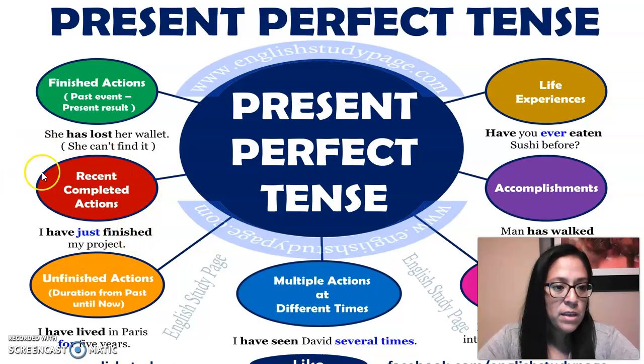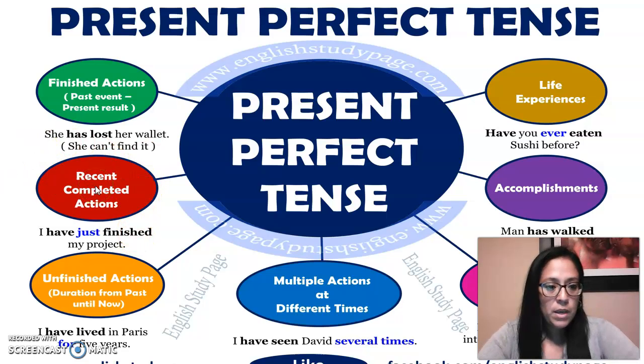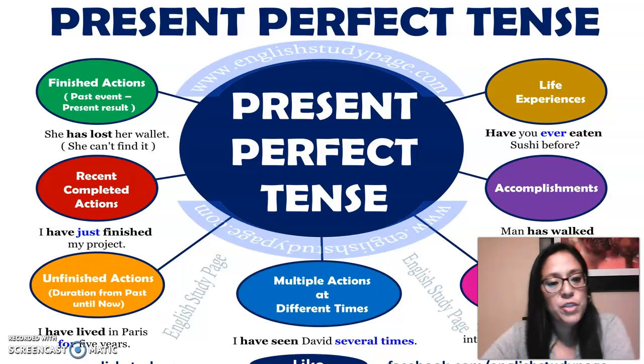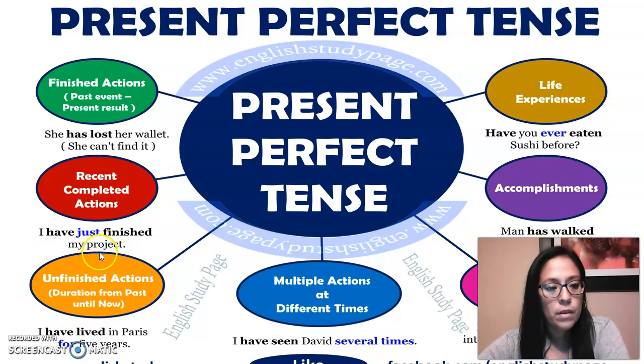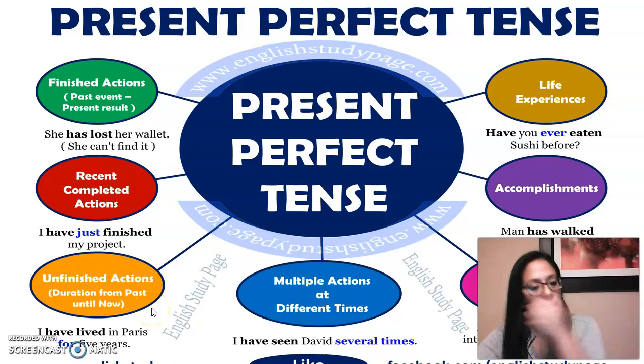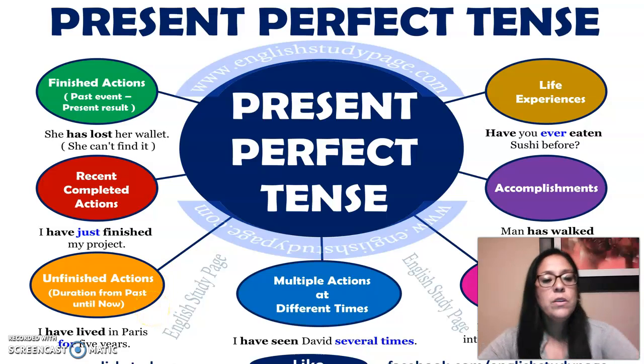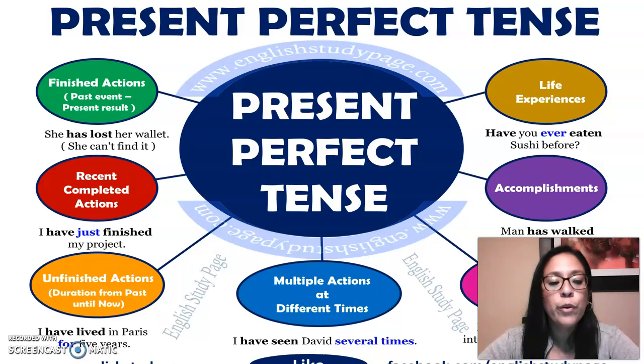For recent completed actions, in this case we have to use the adverb just, like I have just finished my project. Unfinished actions. In this case, we are going to use the words for or since.